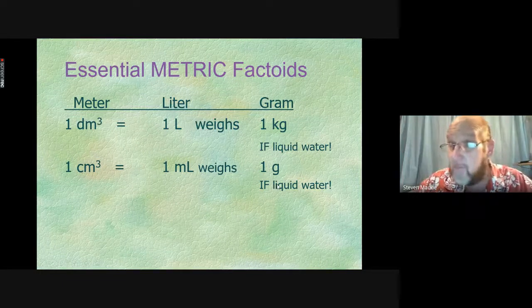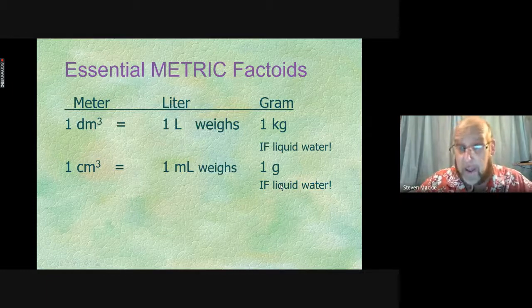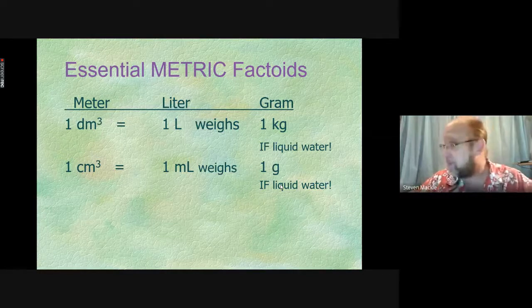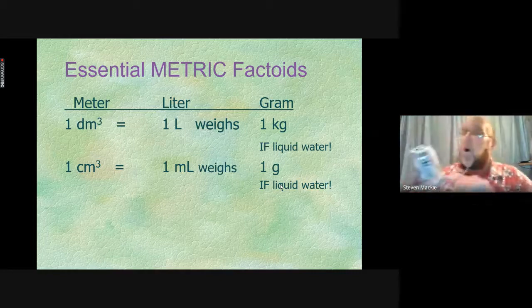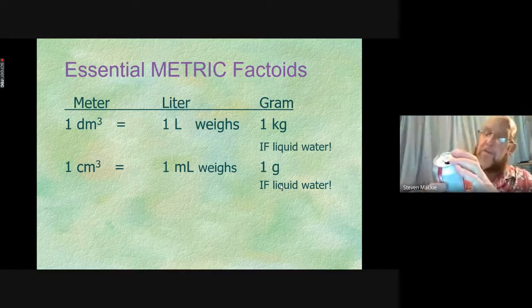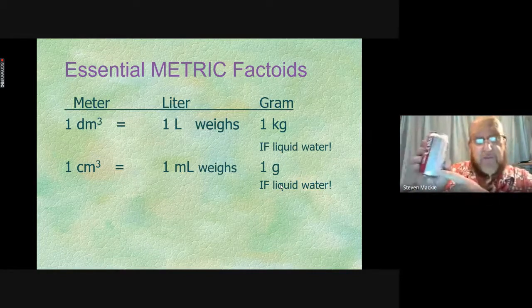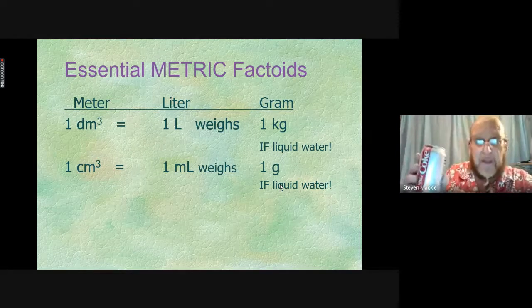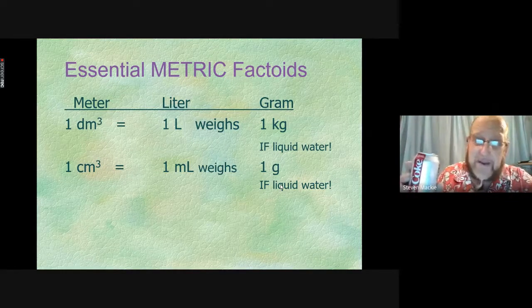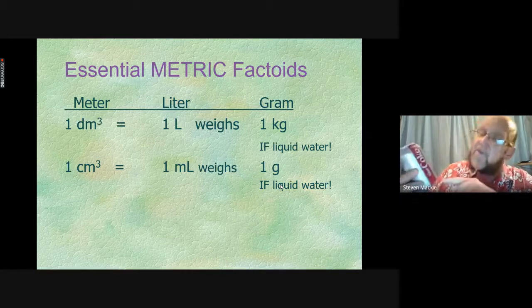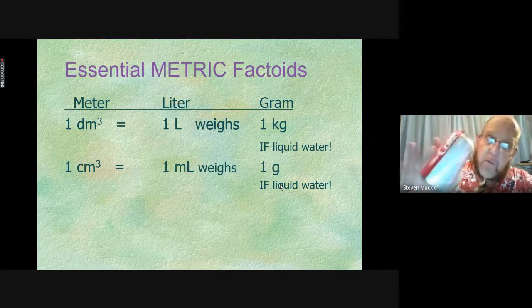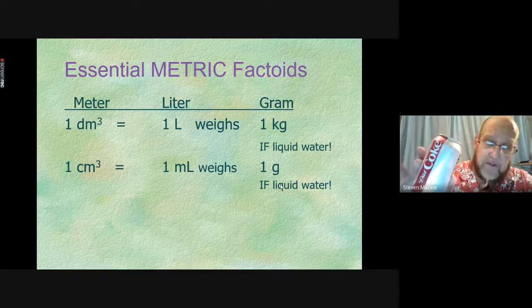The definition of a gram is that a gram is the weight of 1.0 milliliters of liquid water. I think that's a nice connection. Hey, you know what that means? In my Diet Coke can, it says there's 355 milliliters of soda. And you know what? Soda is 99% water. If there's 350 milliliters of water, more or less, inside this can, what does it weigh?